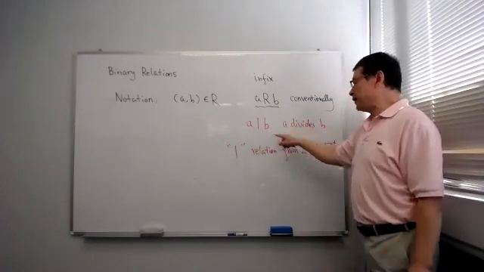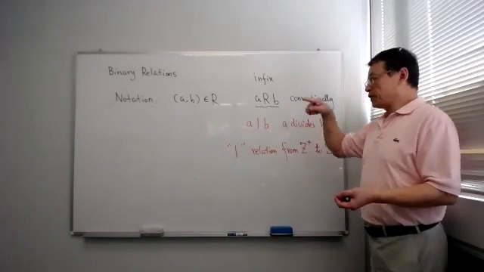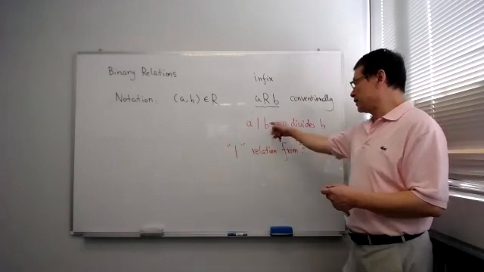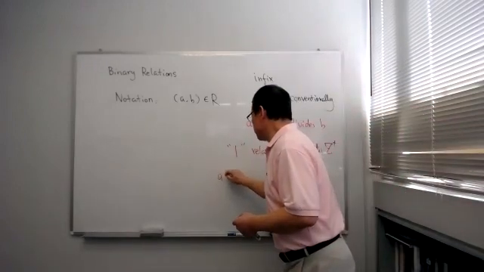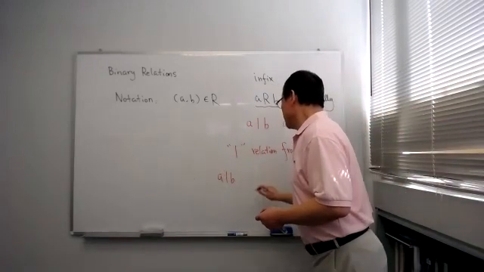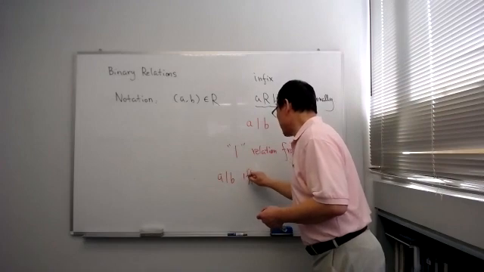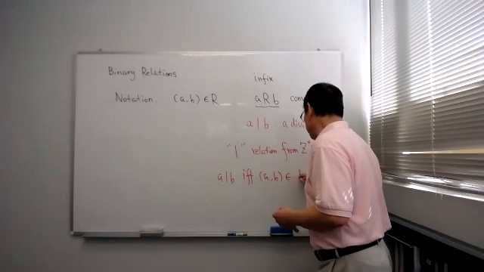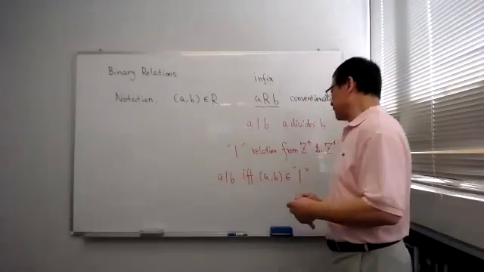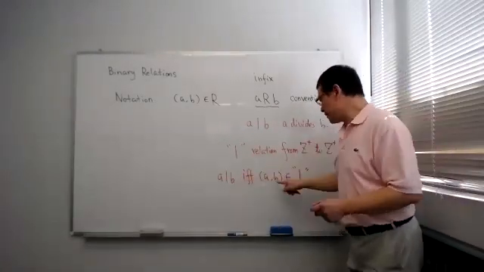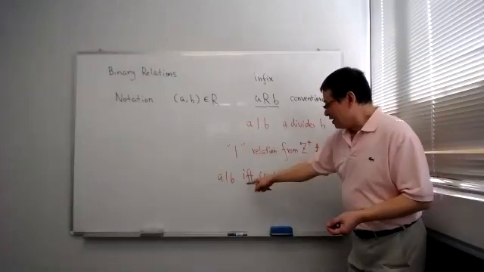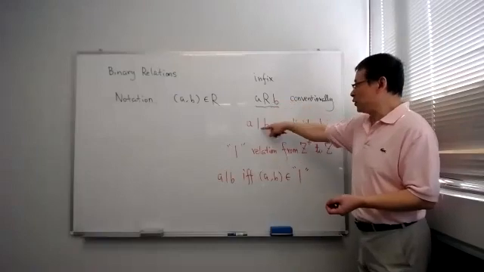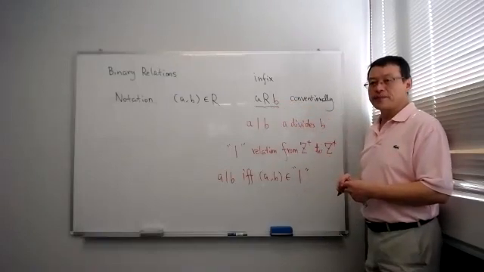If A divides B, then we put one there in the matrix. Then it will belong to this relation. In other words, this holds if and only if this pair belongs to this relation, if we regard this as a relation. So this notation is the same as this notation. But you see, it's more pleasant to read this way instead of this way. That's why very often you use infix notation.